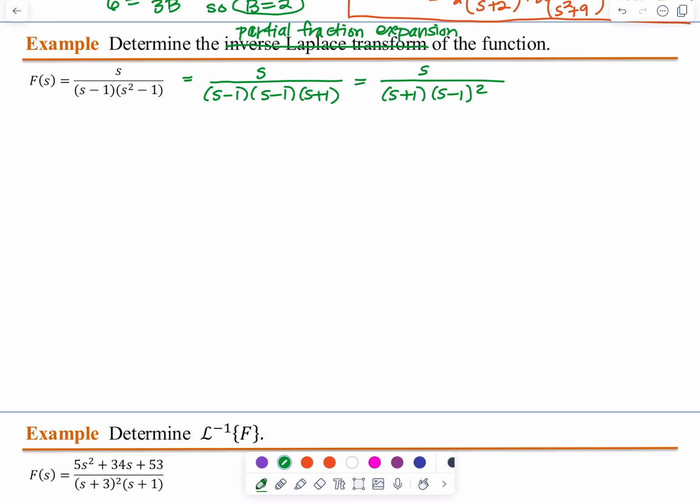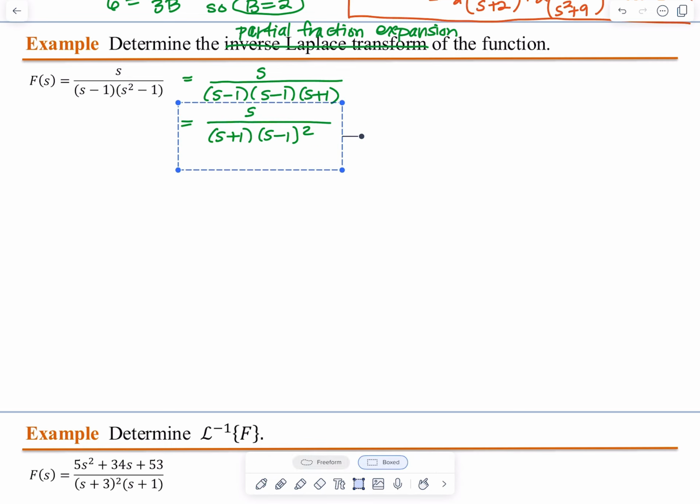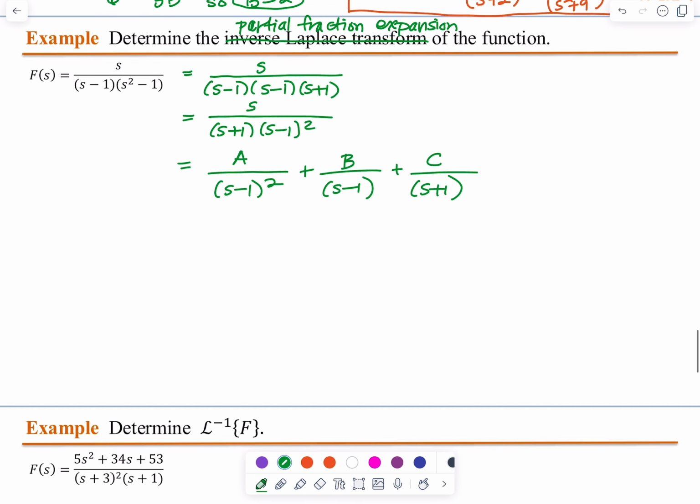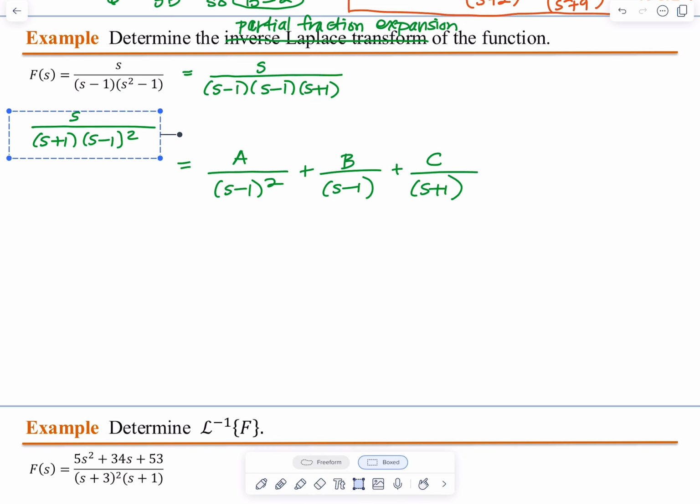Using our formula, we can say, let's just go ahead and put this down here. We can say that we have that equal to a over s minus 1 squared, that's that repeated, plus b divided by s minus 1 plus c divided by s plus 1. Okay? So now what we want is this to be on our left-hand side so that we can show our algebra.